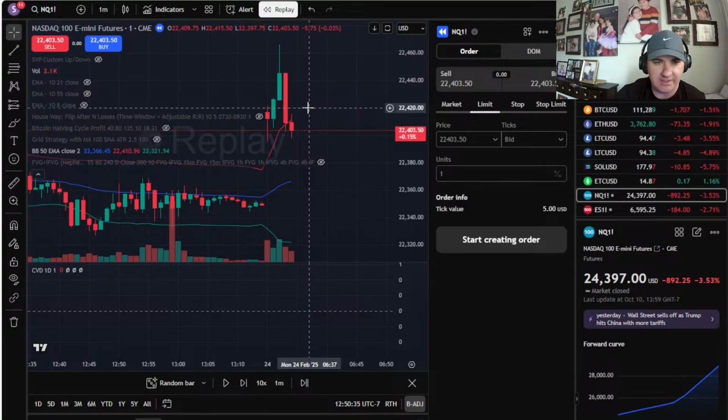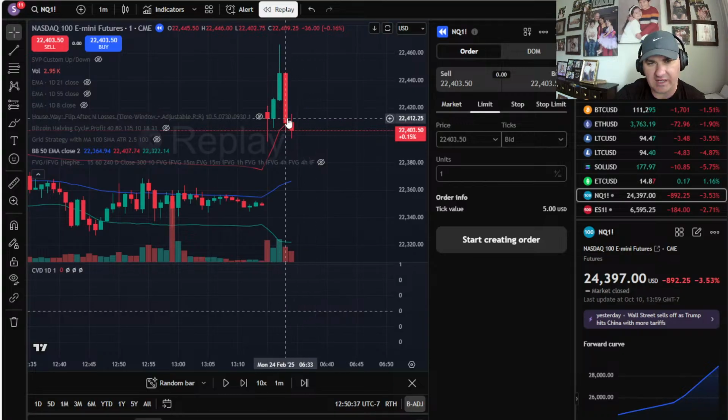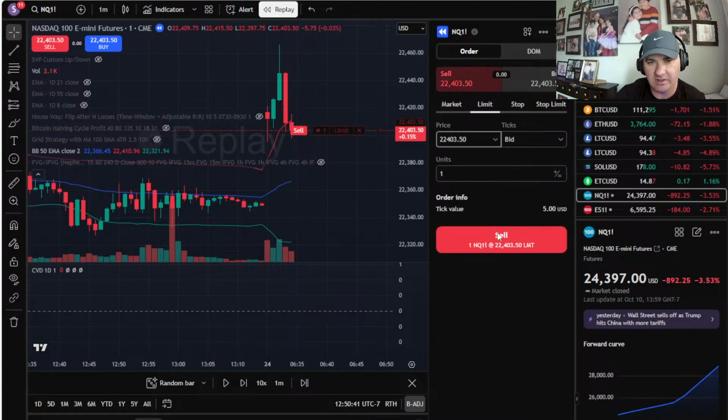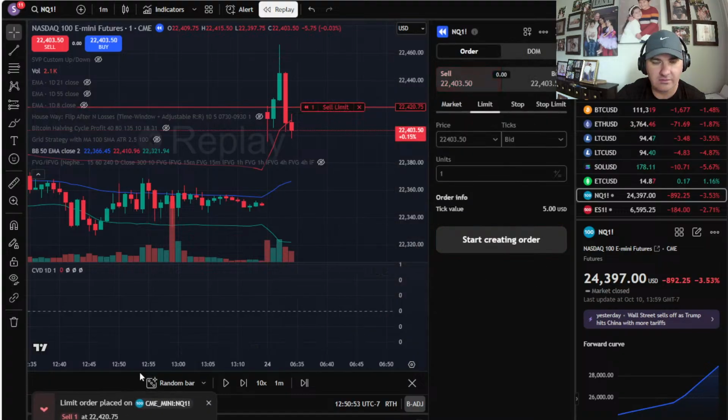But we created a gap here after we inverted this one. I really like this. I like that as an entry. After inverting that, it gives me a place to put my sell limit. Let's see what happens.